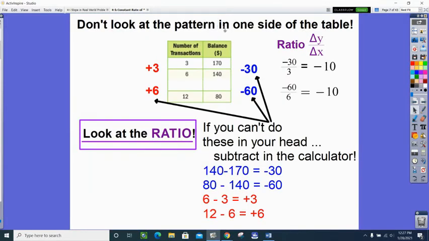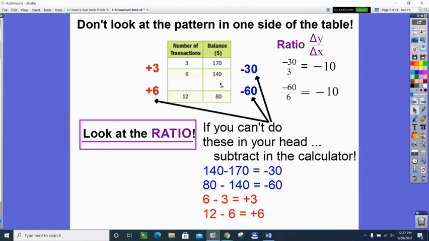Okay, so again, don't look at a pattern on the side because they could potentially take out money and not have it go every 3 transactions. So the table could have looked like this. And in this case, notice you would have minus 30 and then minus 60. And you go, oh, no, if I'm just looking there. But negative 30 divided by 3, remember that was negative 10.